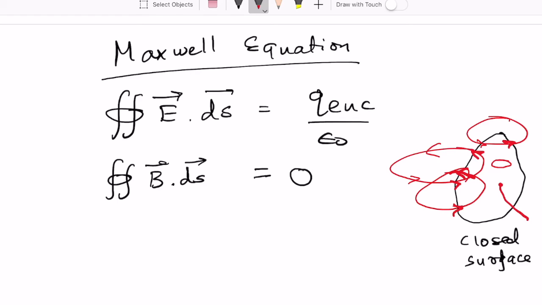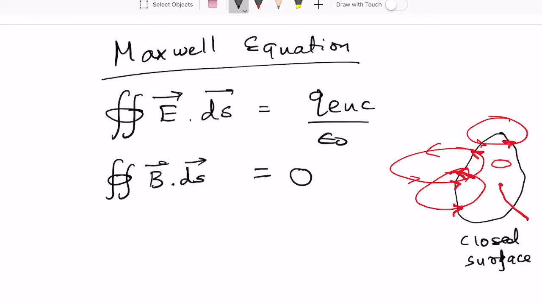So if the field lines happen to form closed loops, the flux has to be 0, because the number of field lines cutting the surface one way have to equal the number of field lines cutting the surface the other way. So hopefully it's clear to you that since magnetic field lines always form closed loops, the flux of the magnetic field over a closed surface is equal to 0.